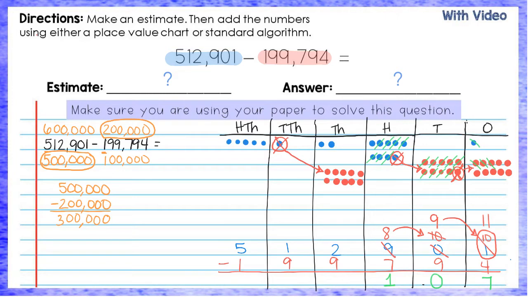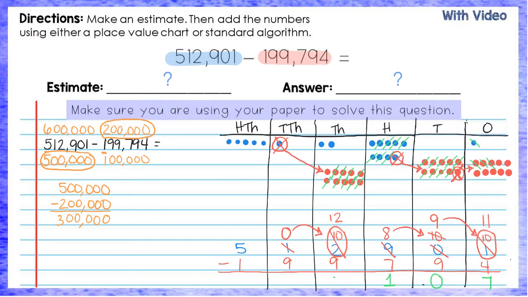So now, no longer do I have 1 10,000, now there are 0 10,000s. But because we regrouped 10 more, we've added 10 more to the 2 that were already there, and that gives us 12. When we have 12, we can now take away 9. 1, 2, 3, 4, 5, 6, 7, 8, 9. There are 1, 2, 3 left.